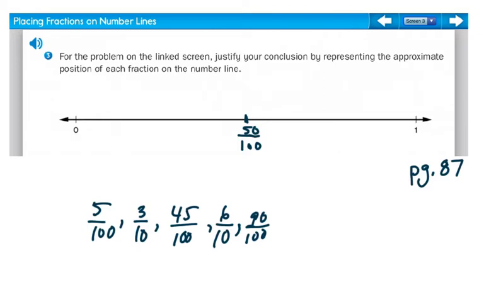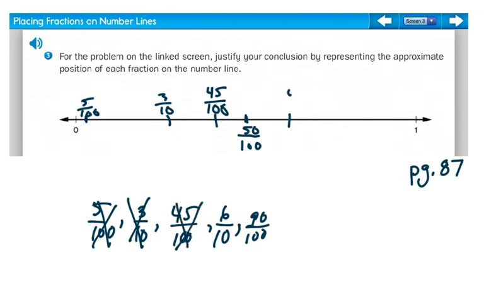So 5 hundredths would come way over here. 3/10 would be, imagine that this line was in 10 equal segments. Maybe right about here. 45 hundredths is getting closer to 1/2, but not more than. 6/10 would be the same as 60 hundredths. And 90 hundredths is pretty close to 1 whole.